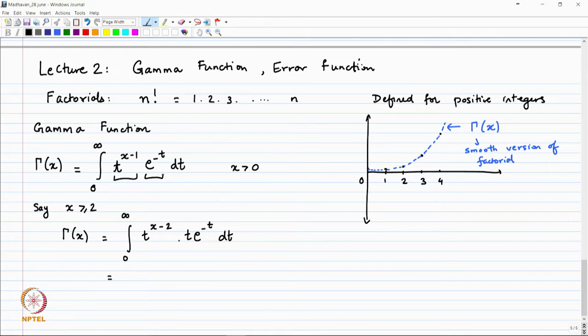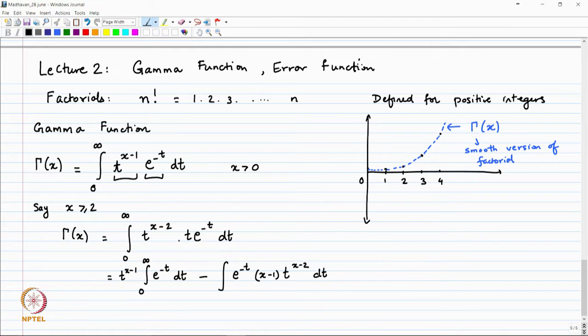Then my first term will be t raised to x minus 1, e raised to minus t, and then you will have minus the integral of e raised to minus t times the derivative of the first function, which is x minus 1 times t raised to x minus 2, dt.